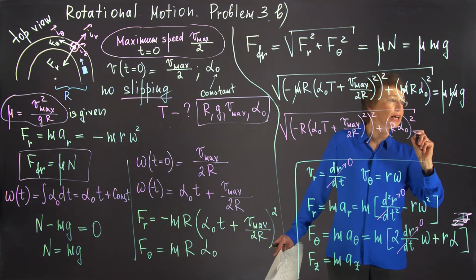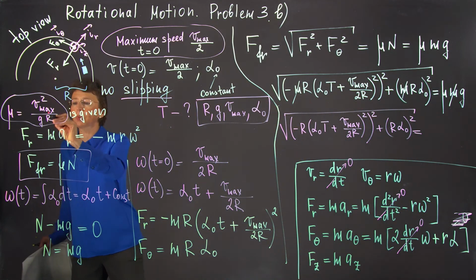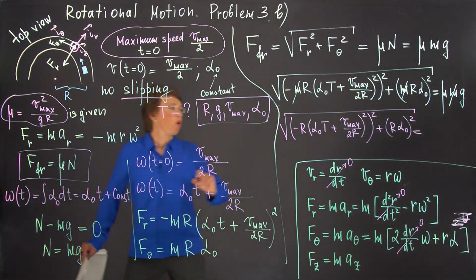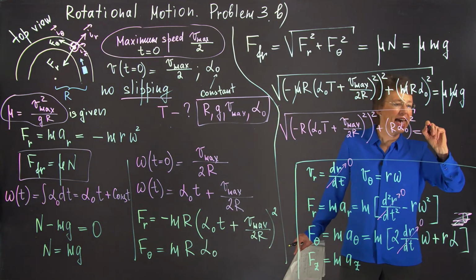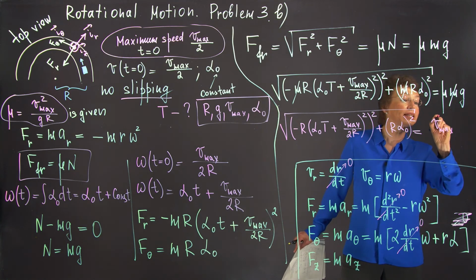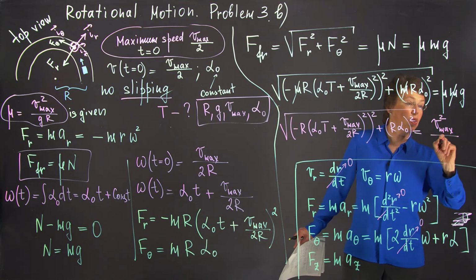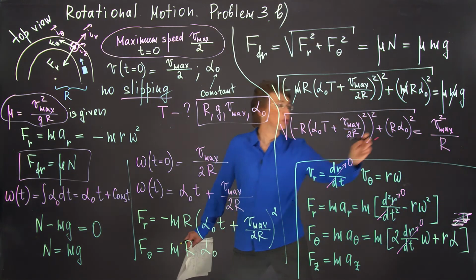And this is equal to mu. What is mu? V maximum squared over g R, times g. g will be gone. And all I have on the right hand side of my equation is V maximum squared over R. g canceled out when I brought mu here.